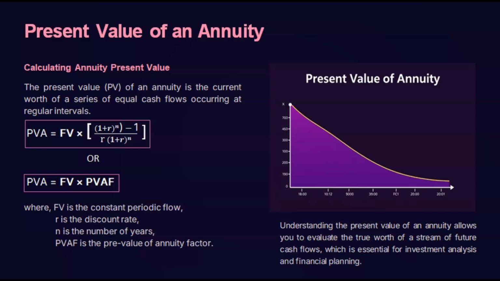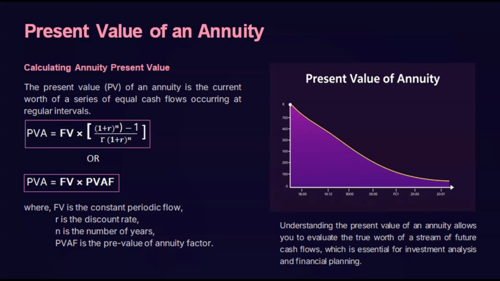We are going to receive a certain amount on regular intervals. It can be monthly, yearly, half yearly, quarterly, but the time intervals will be same. So not just one time we are receiving any amount, but we are going to receive it regularly at certain intervals. So that is called annuity.